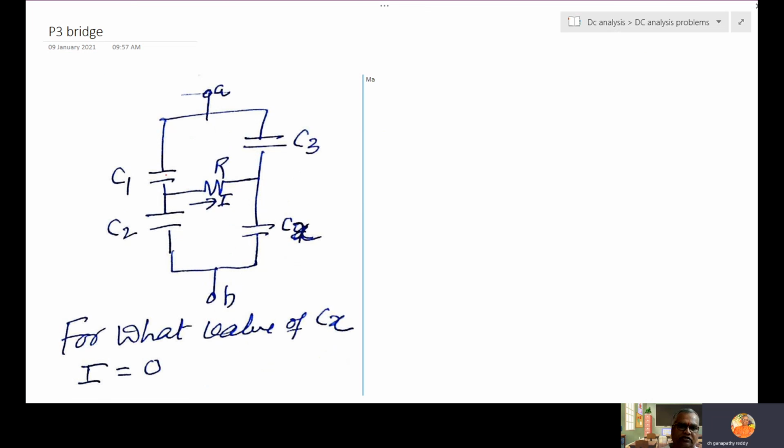When all are capacitors, you need not convert everything into ohms, that's a waste of time. Simply multiply: C1 Cx is equal to C2 C3. So Cx is C2 C3 by C1. This is the answer.